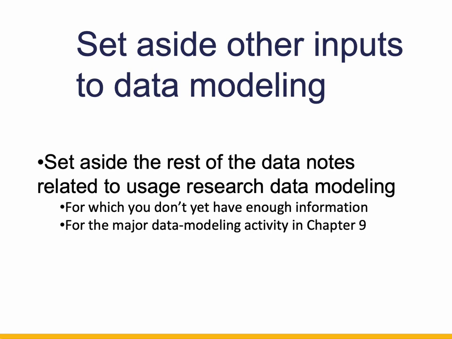And you're going to see that a few other things are covered in Chapter 9. It's a very important chapter of this text, including user personas. So we set that data aside for later and still maintain the data that applies to our idea now.